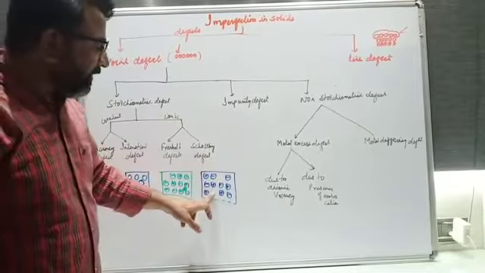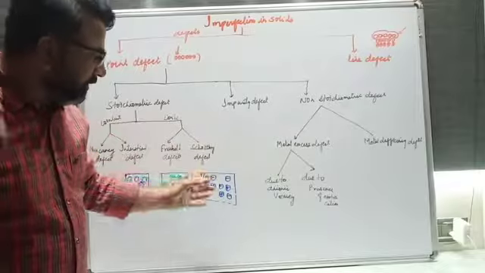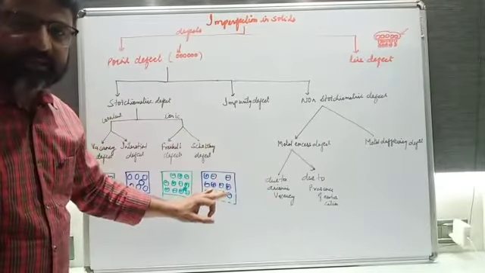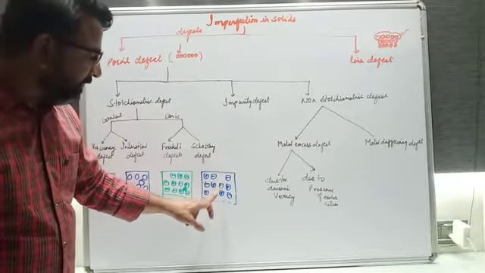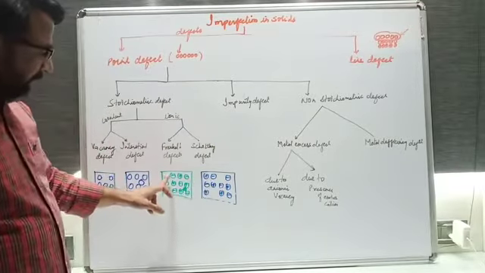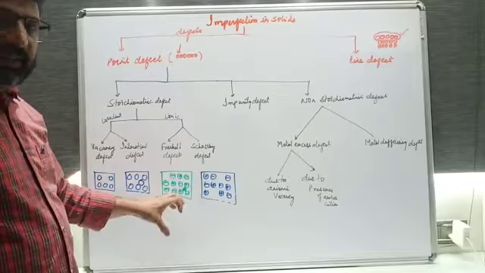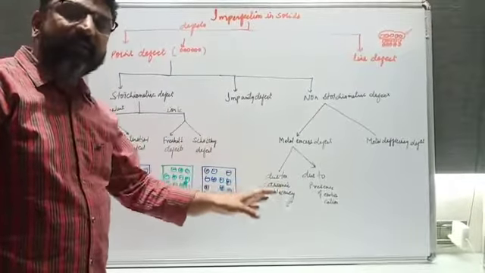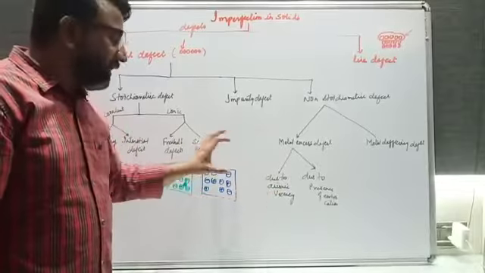So one positive and one negative will move to another unit cell. It creates 100% vacancy, a vacancy at this place and a vacancy at this place. In Frenkel's you see vacancy and interstitial both, but here if one cation goes out of the unit cell, then an anion will also go out. But neutrality will be maintained.